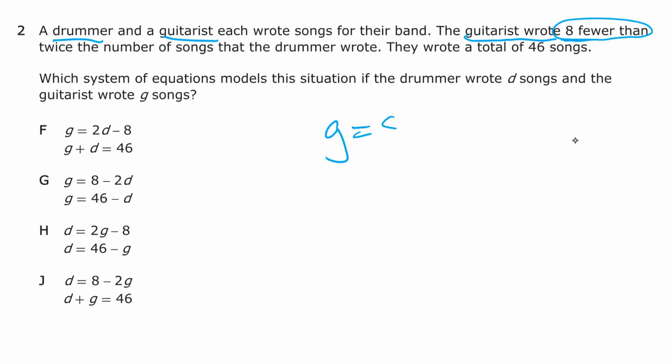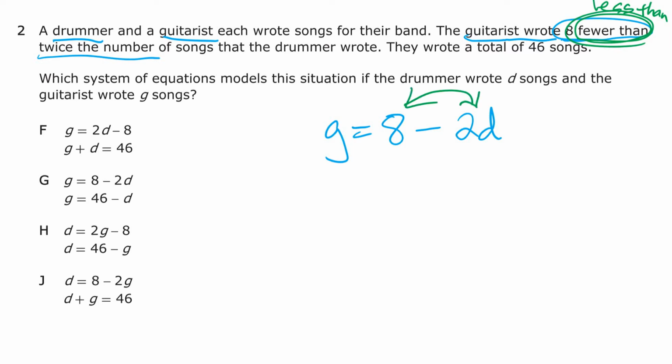You're inclined to write 8 minus twice the number of songs as the drummer, 2D, but this phrase, fewer than, is like less than. And those two phrases mean we have to switch the order of the way that is written. So it would really be twice the songs that the drummer wrote minus 8.